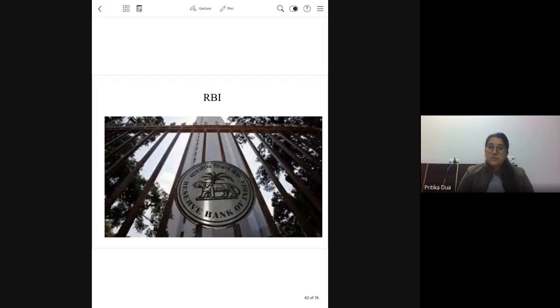No one knows. Before, prior to Mumbai, where was RBI located? Yes, Sachin, you're right. It started in Calcutta, and then later it was shifted to Mumbai.